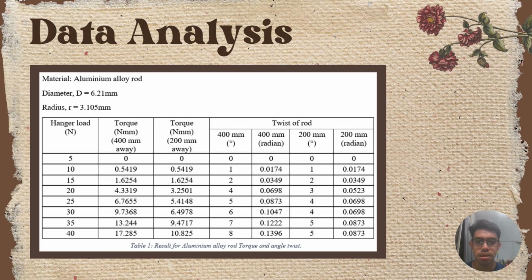Next, this is the data analysis for aluminum alloy rod. We managed to get the angle of twist for this rod, and the diameter for this aluminum alloy rod is 6.21 millimeter, and the radius is 3.105 millimeter.